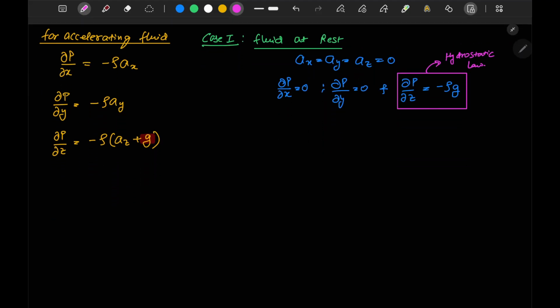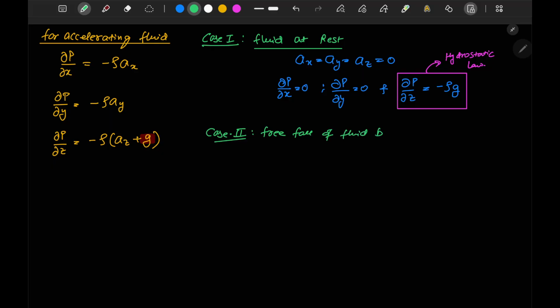And let's assume another case, that is case 2. In case 2, let's talk about free fall of a fluid body.